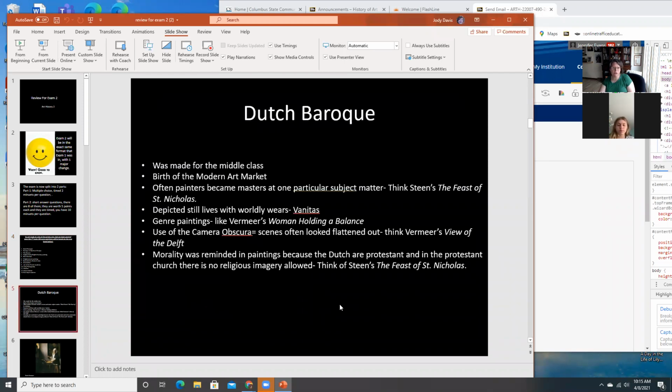So we'll start with the Dutch Baroque. Remember that the Dutch Baroque art is highly affected by the Protestant Reformation. And so art in that area is made for the middle class because the church was no longer a patron of art.